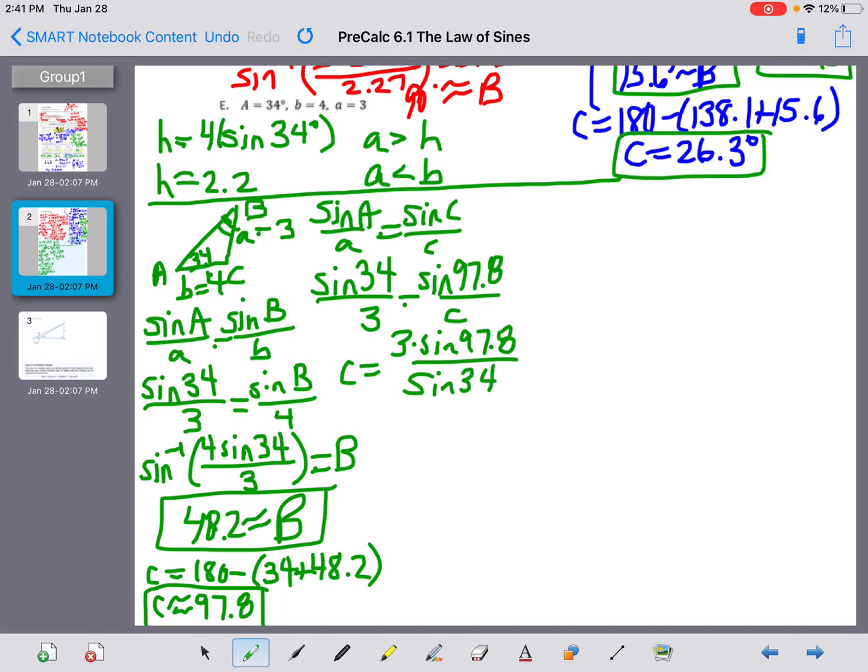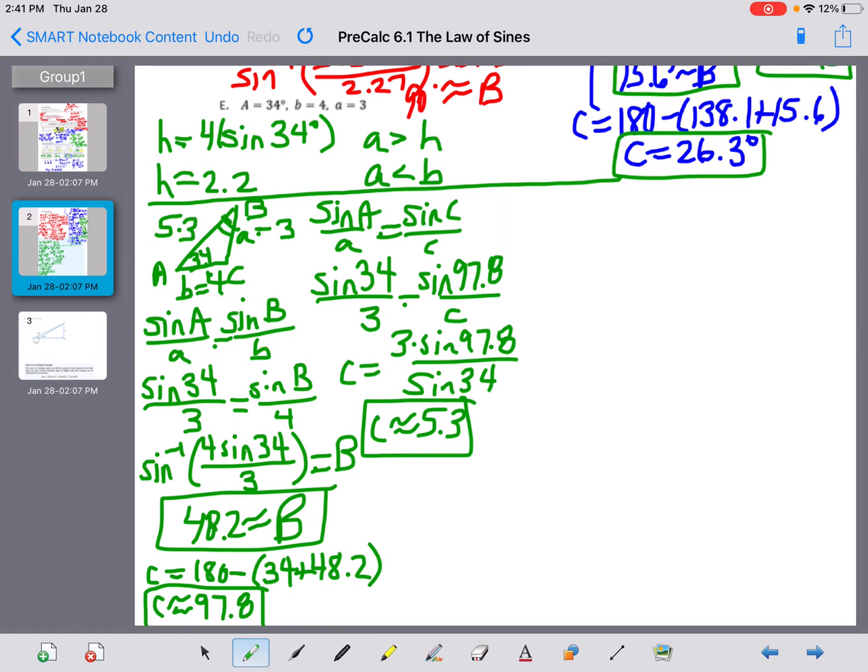If I am losing anybody on that algebra, please contact me and let me know. 3 times the sine of 97.8 divided by the sine of 34, and I get a c of about 5.3. Okay, so this is one scenario, okay?